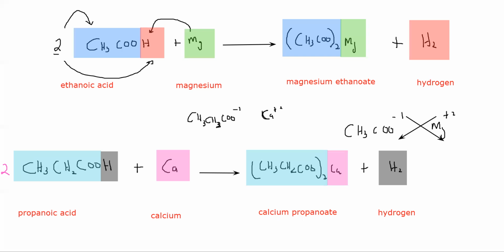Then another reaction, the second reaction of acid. All the reactions of acids are the same as the reactions of carboxylic acid. The second reaction, if we have acid plus metal oxide, what will be the product?